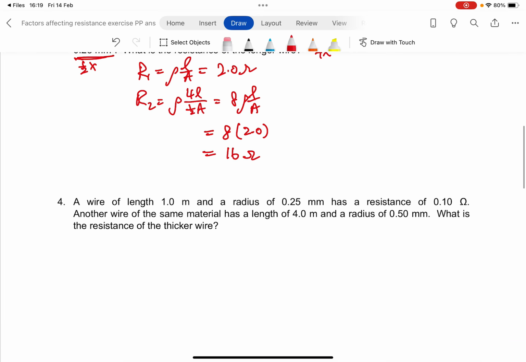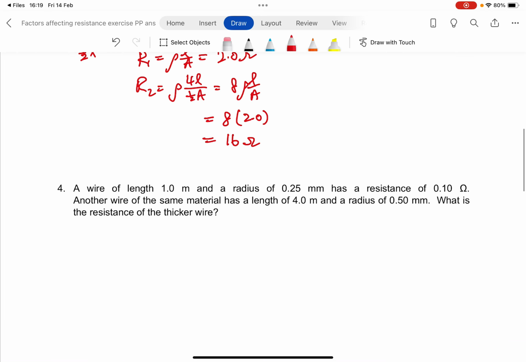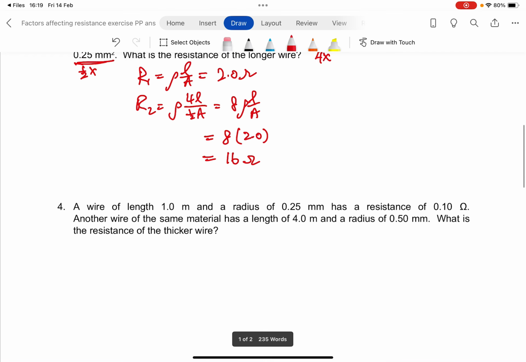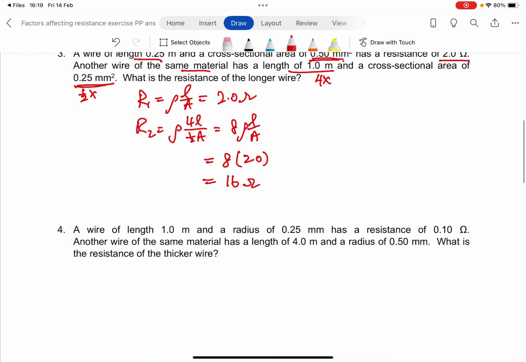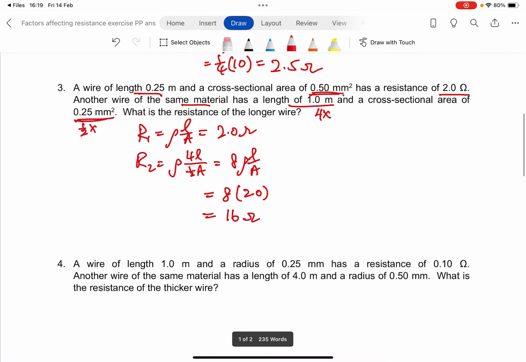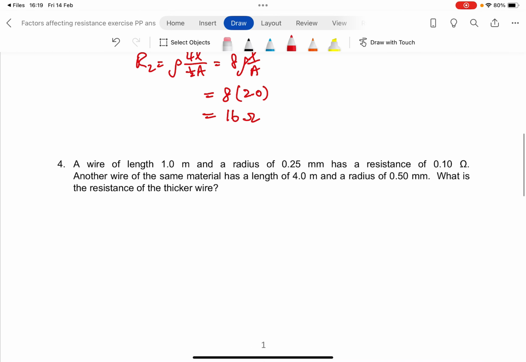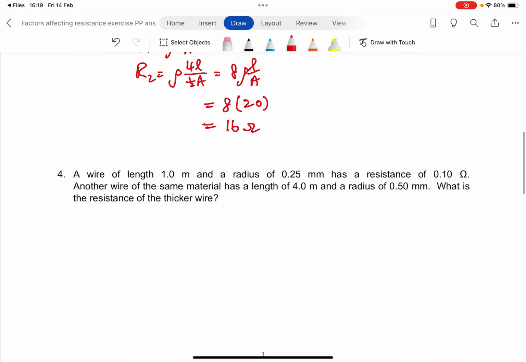Okay, question 4. Question 4 is slightly more difficult, because there's involvement of radius. We are assuming that the cross-section of a wire is a circle.